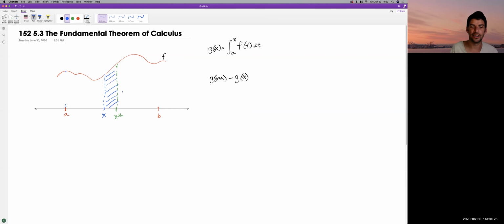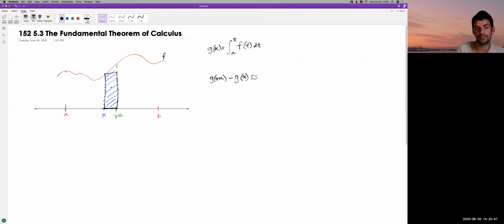Well, what is that area? Well, we could approximate this area pretty easily with our approximating rectangles. So I can draw a little rectangle in here. Right? I've chosen a left endpoint here. It doesn't really matter, though it makes the next step more obvious.